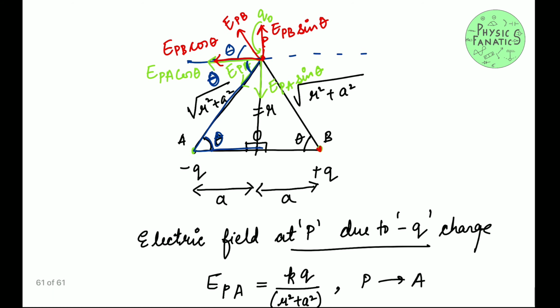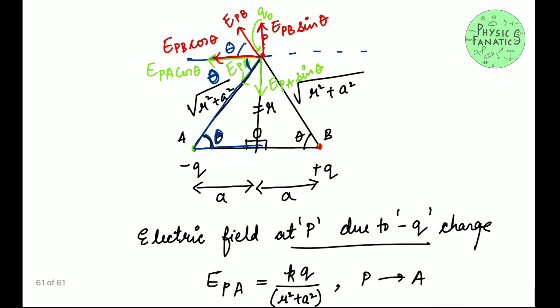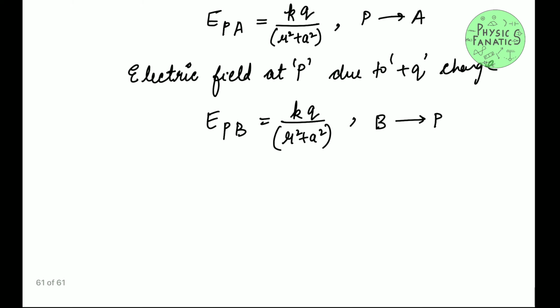All we have to do, and we can clearly see that these two components, the vertical ones, are equal and opposite, and they will cancel each other out, right? So you guys can see the vertical ones will cancel each other out, and the only thing that is left is that this EPB cos theta and EPA cos theta, they will add up. I hope that is understandable. Yes or no, right? Okay, great.